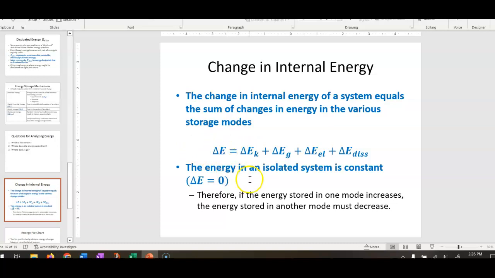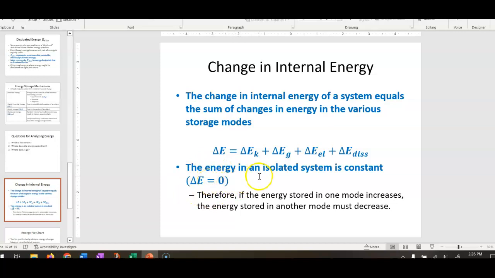The important thing to know is that in an isolated system, that change in energy is always zero, right? Because if the object is isolated, there's no way for it to interact with another system, either to receive energy transferred in or to transfer some of its own energy out. And therefore, at the object's level, there can't be a change in energy.